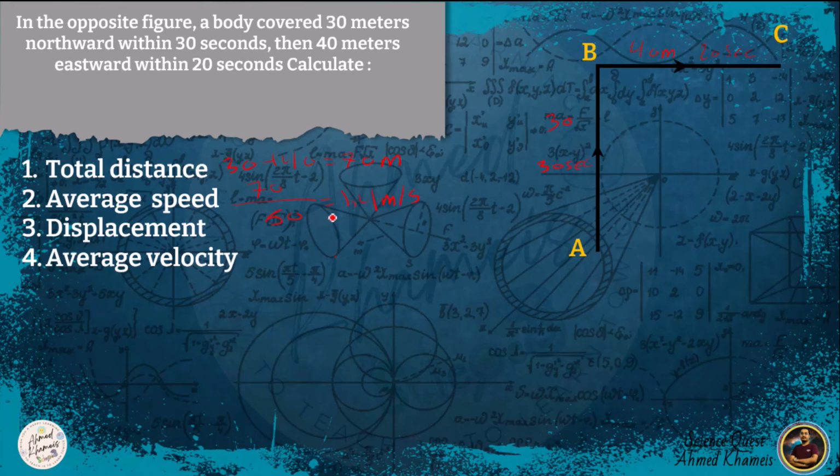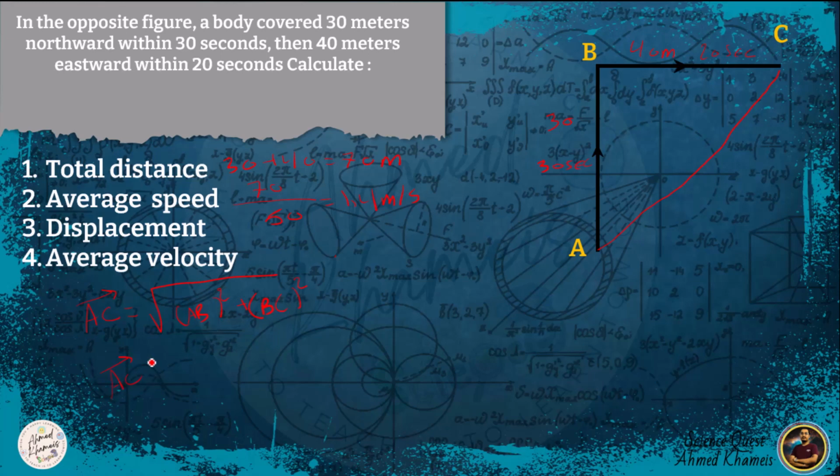The displacement is the length of the straight line from the starting point to the end point in a certain direction. So we draw a straight line from A to C. And to get the length of AC, we have to use the Pythagoras theorem. So the length of AC equals the root of AB square plus BC square.